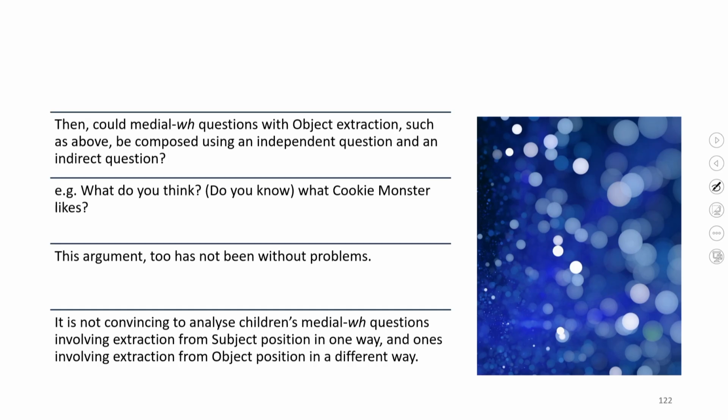But this argument also has problems. The main problem here is the difference between the subject and the object position. So, it is not convincing to analyze children's medial WH questions involving extraction from subject position in one way and object position in a different way. So, why is it different here? Because here the do form has to be accounted for if we have to make two questions out there.